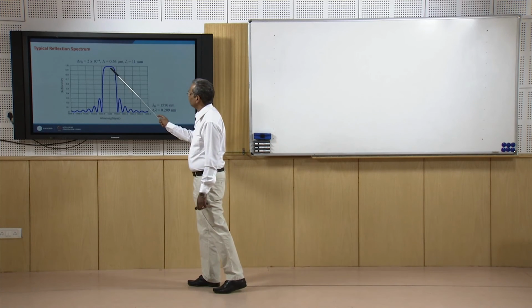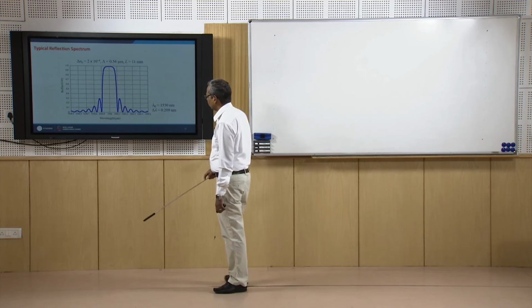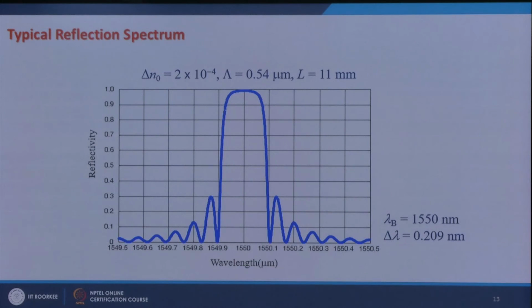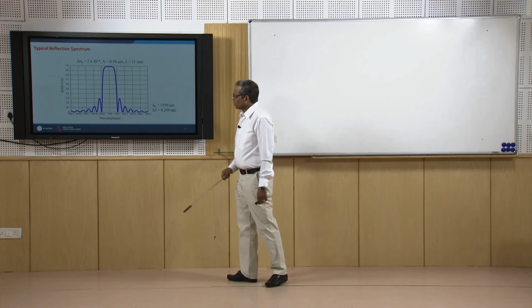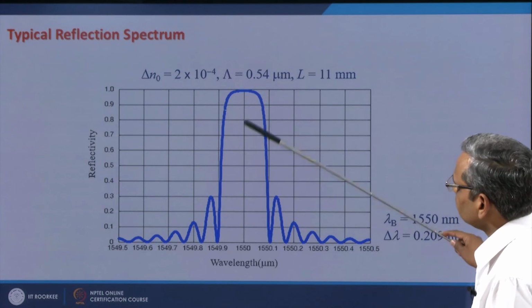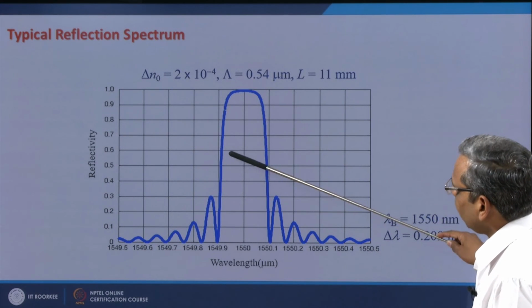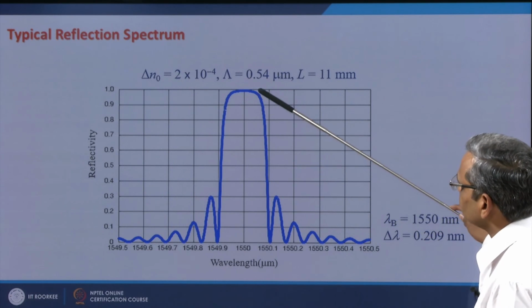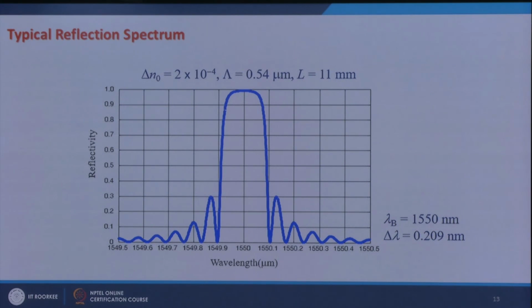So, I get the peak reflectivity at 1550 nanometers, and look at the value of delta lambda. Delta lambda is about 0.2 nanometers. Delta lambda is the width at which the power falls down to 50% of its peak value. So, it is about this width.